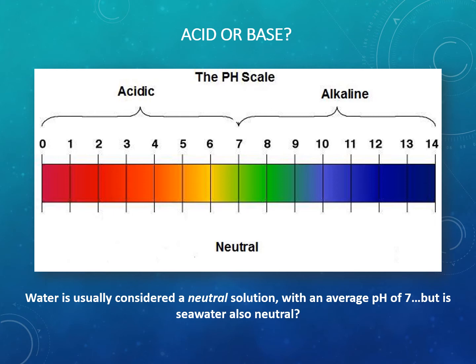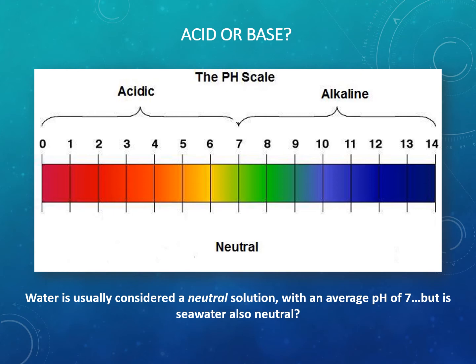Solutions in nature, and that includes water as one of them, are acidic, basic, or neutral. Water is considered neutral because it has an equal amount of two materials in it: hydrogen as an ion and hydroxide as an ion.